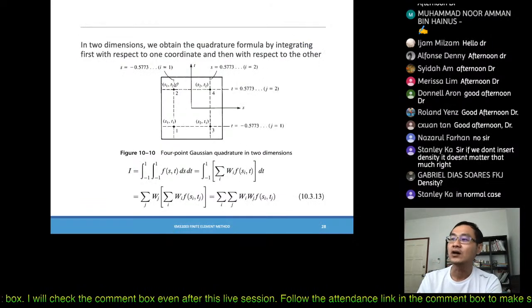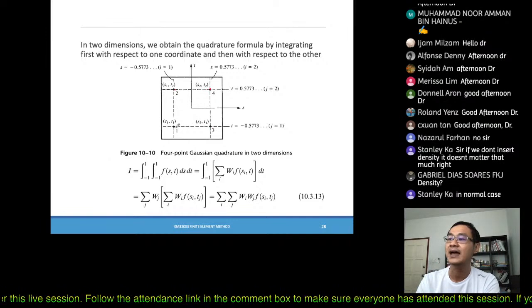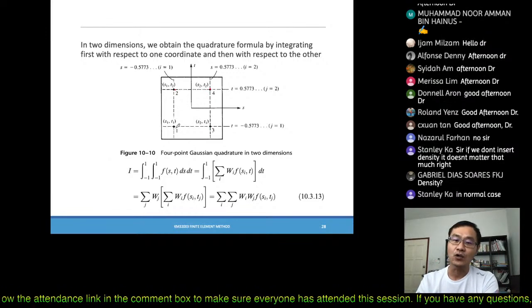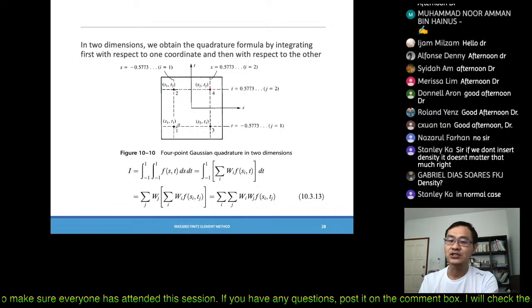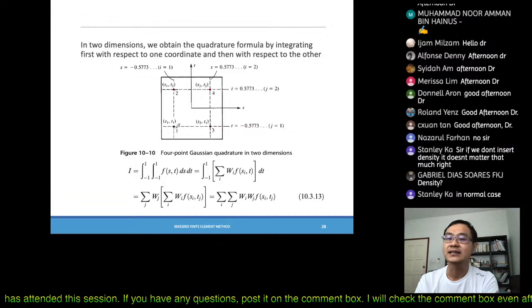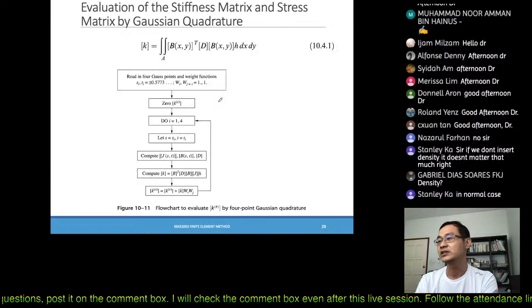So this is the idea behind it. For a Q4 type, there are 4 Gauss points for one particular element, right? So you can always integrate them in one dimension, then to the second dimension, so you have the 2-dimensional case. Similarly for the 3-dimensional cases.